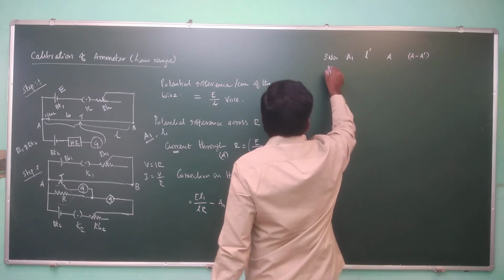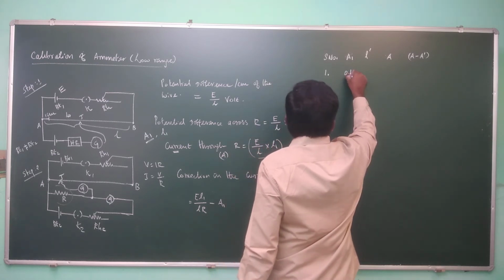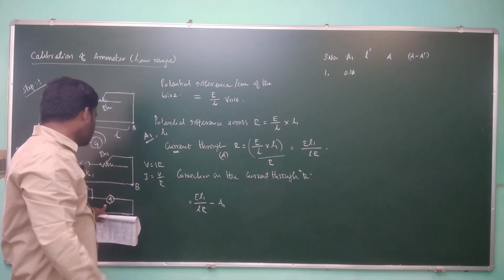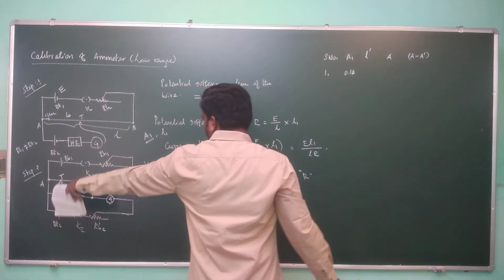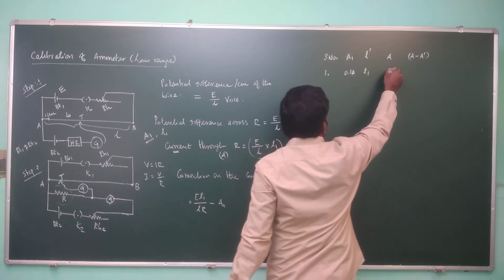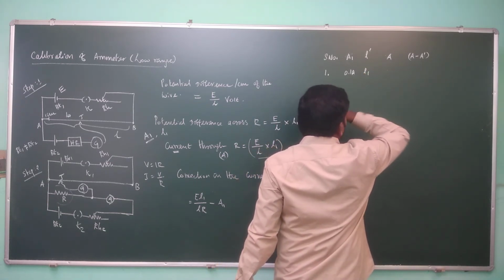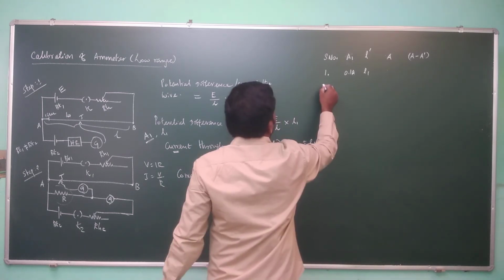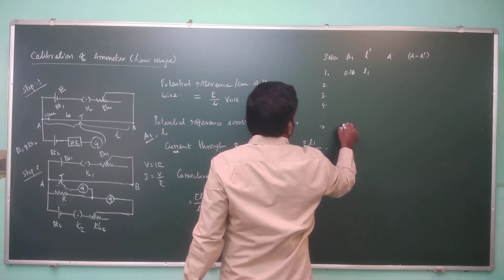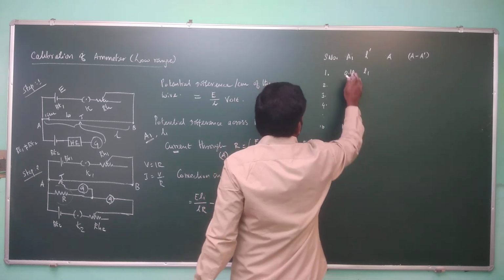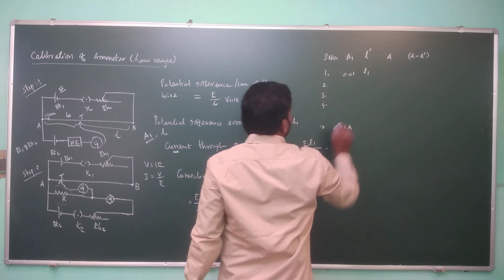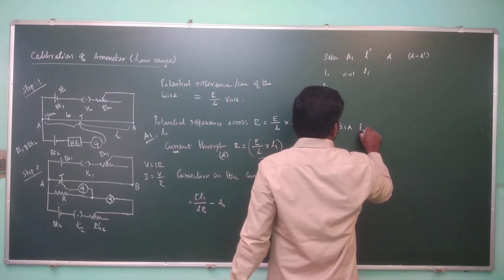In serial number 1 we can set 0.1 ampere in this ammeter, and you have to find the balance length, let's say L1. For that case, A you can calculate using the formula, and you can write the difference. In that way you can write some 10 readings, from 0.01 ampere to 0.1 ampere, so that you will get L10.